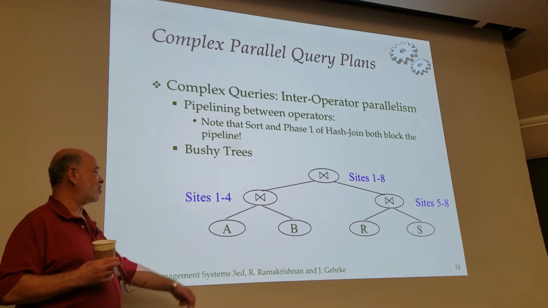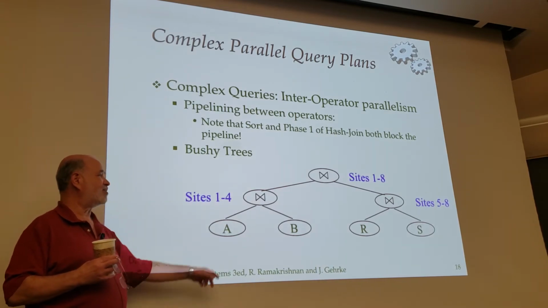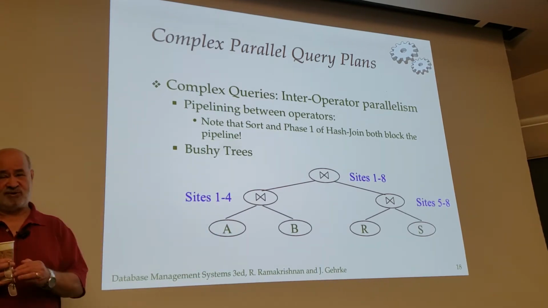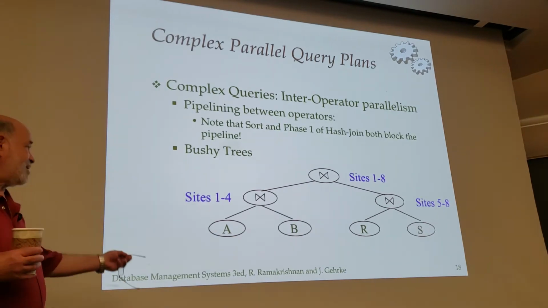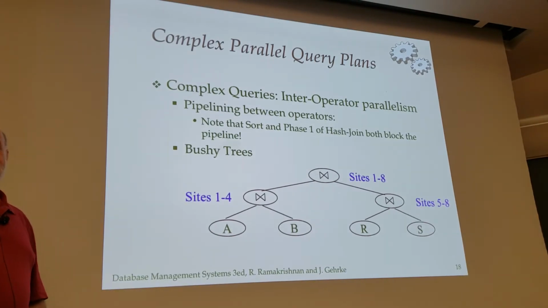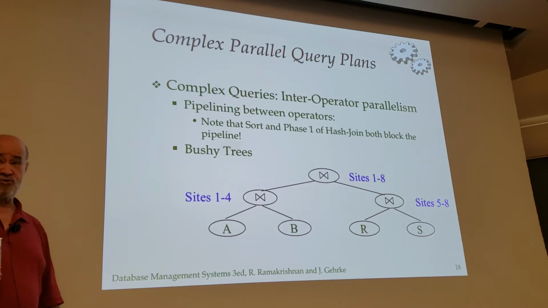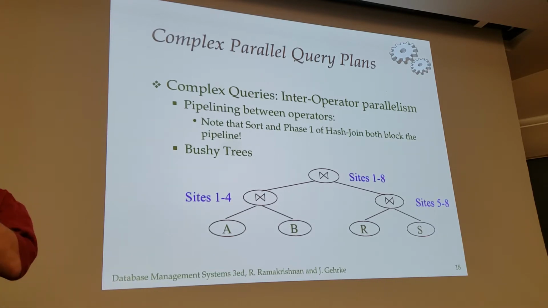I want to take the join of A and B, I want to take the join of R and S, and then join those results together to produce a result. Maybe, and this is a far smaller number than you would probably use, I can join in parallel between A and B at 4 of my sites, or 4 cores. And I can do the join of R and S at 4 places, then I take advantage of all 8 places to put the result together.